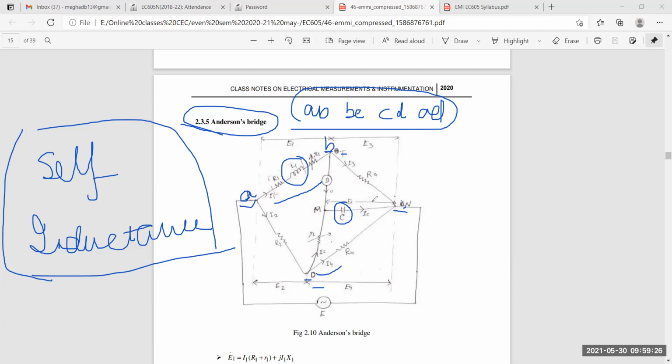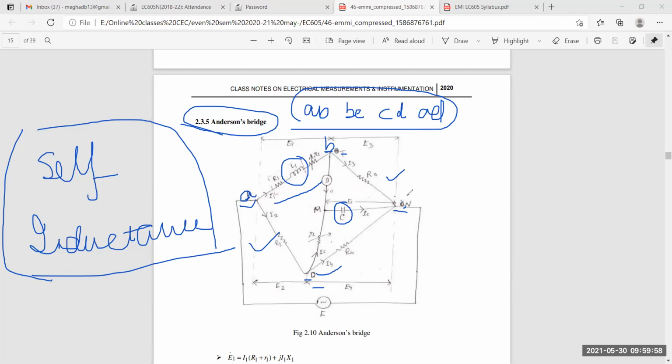Now you will find there are two non-inductive resistances in the arms BC and AD. Only resistance they have, that is R3 and R2. And here, the static capacitor and variable resistor are connected in series and placed in parallel with the CD arm.